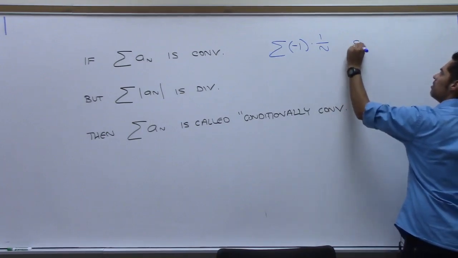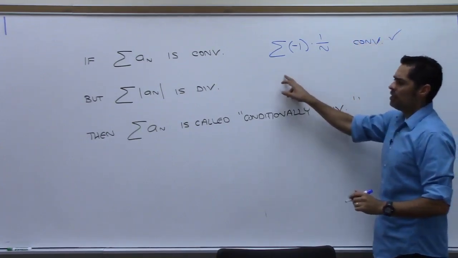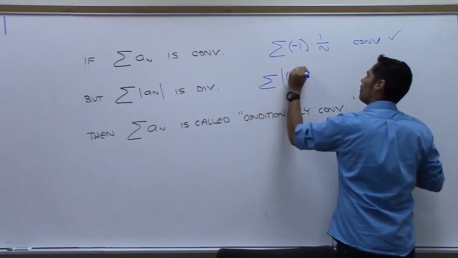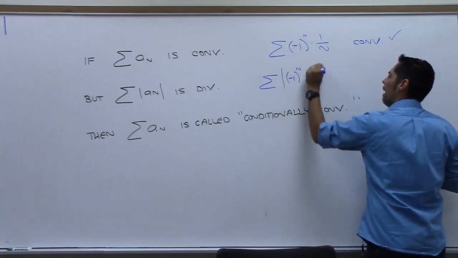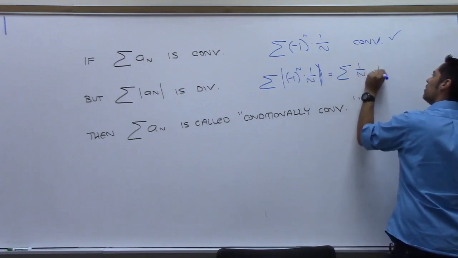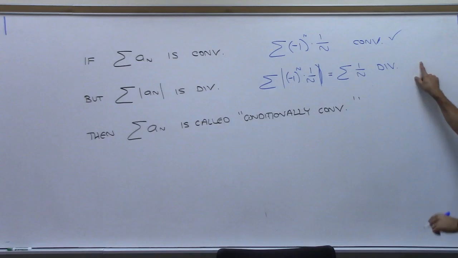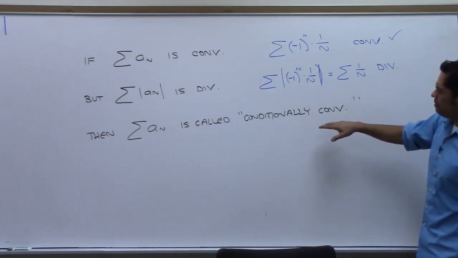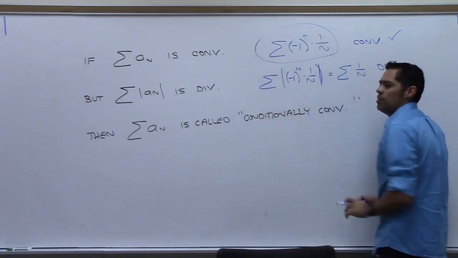We showed that. But when we took the absolute value, I forgot the n here, sorry, n. Absolute value equals sum 1 over n, and this is divergent, right? Then we call what, the original? The original is then called conditionally convergent.